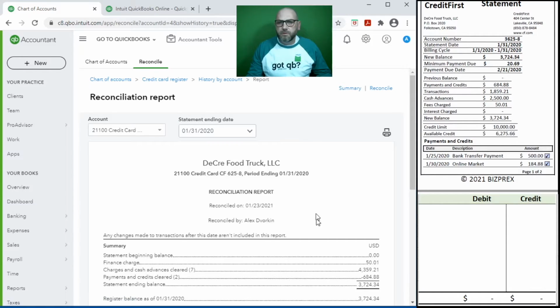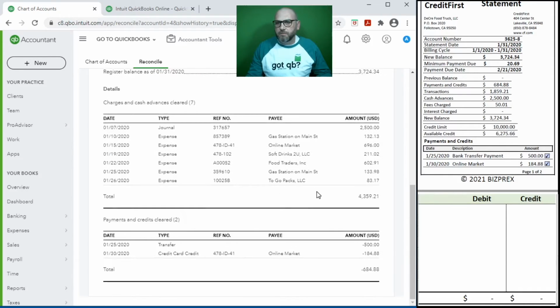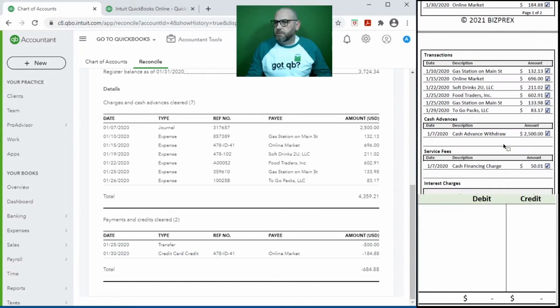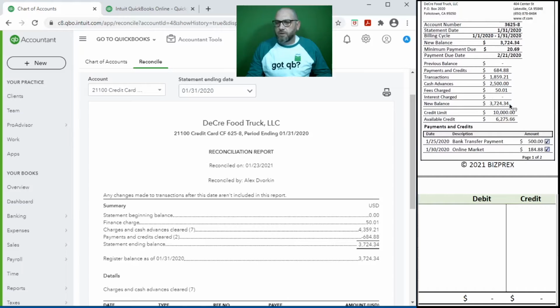Here's our reconciliation report. Again, let's make sure everything is here. Yep, payments and credits. All the charges are right here. And let's see, our balance matches. So again, we would print it just like we normally would, and we would attach it to this statement.